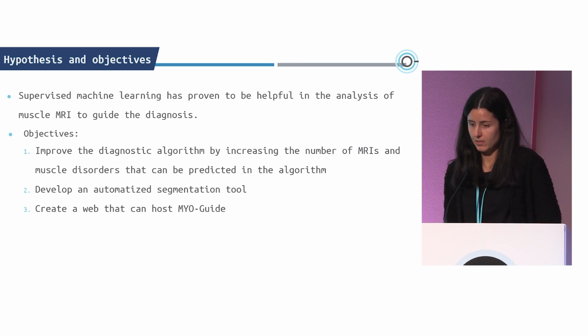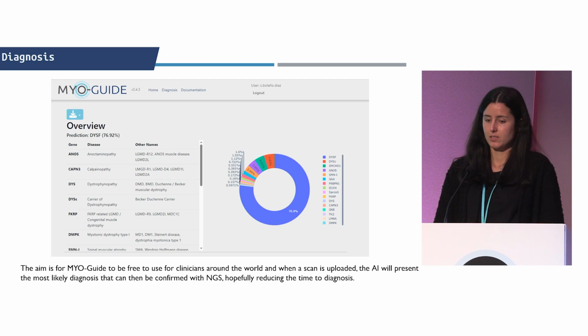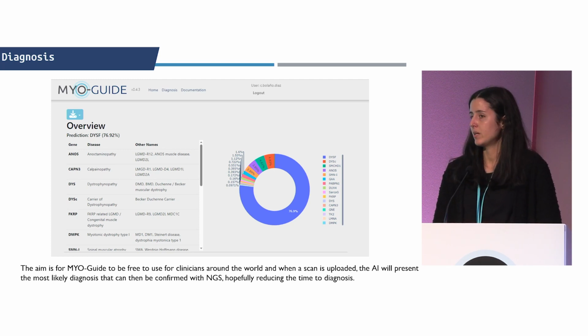So basically, from all the MRIs from the different neuromuscular disorders, the software can recognize the pattern of this MRI and can identify which is more similar to each type of disease. So the aim of the MyoGuide project is to be free of use for clinicians around the world.